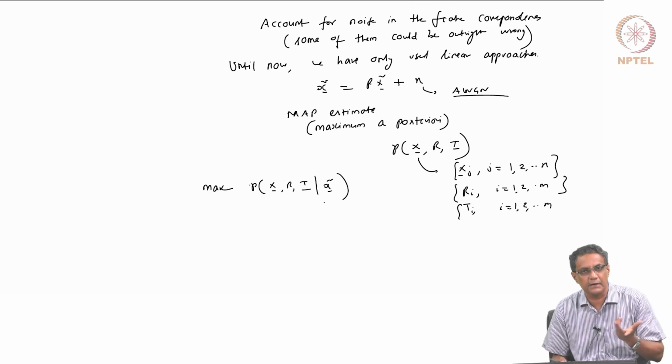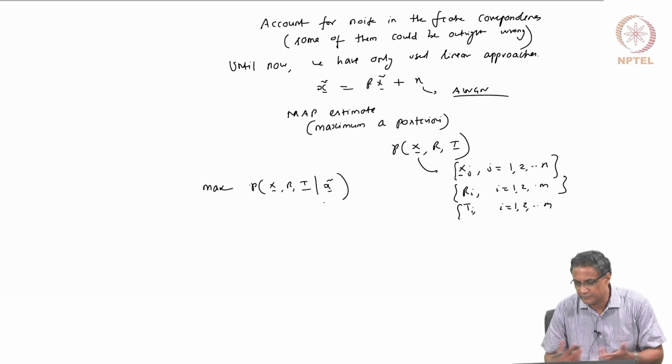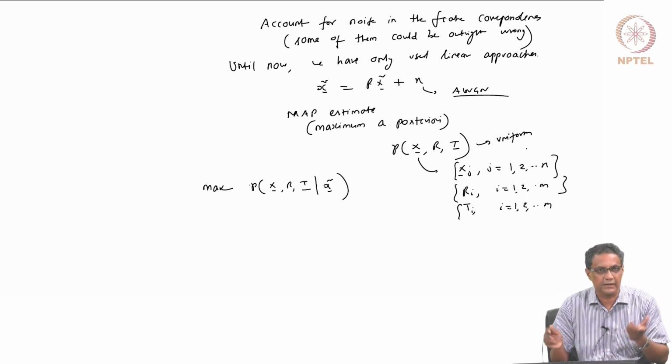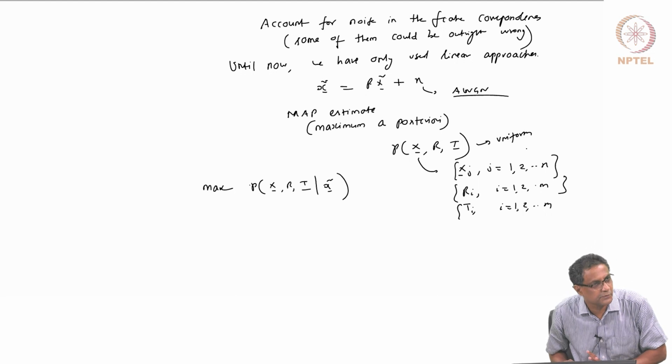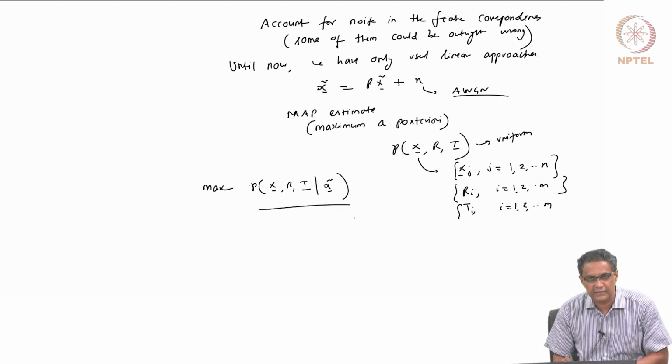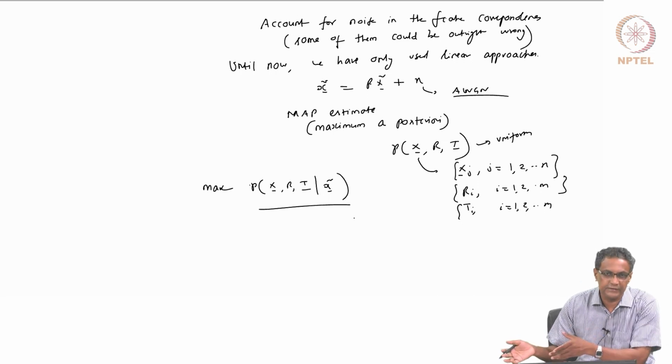There could be a prior probability which we don't even know, how they should occur together. So typically it is simply assumed to be uniform, because you don't have any specific knowledge about it.